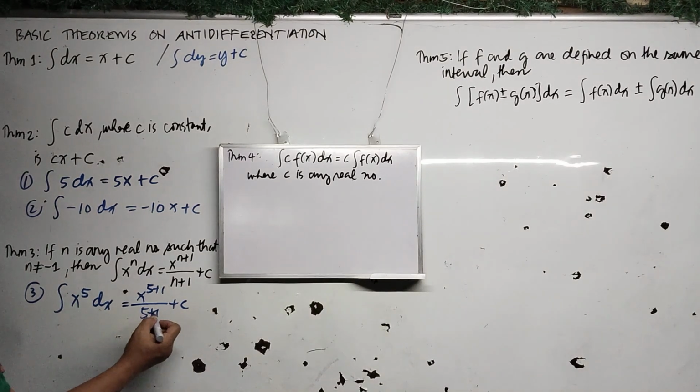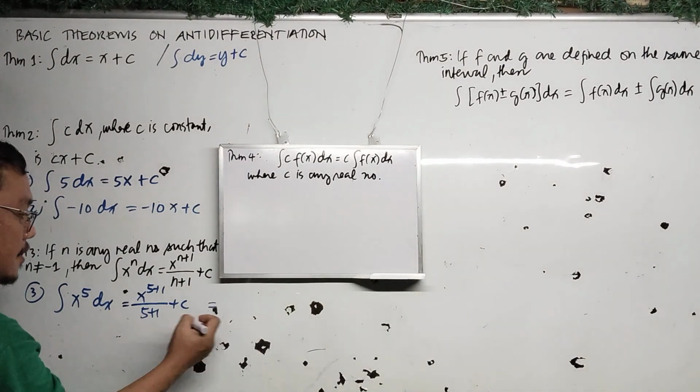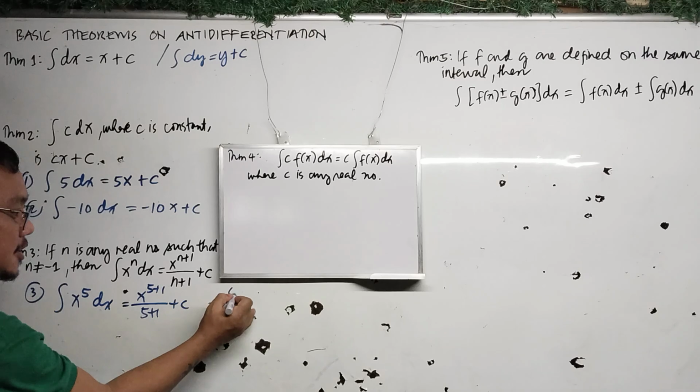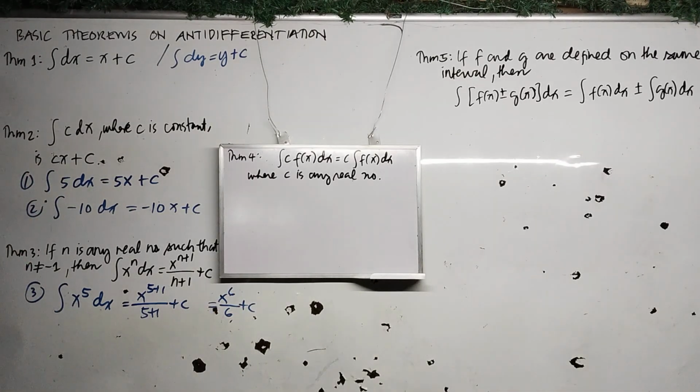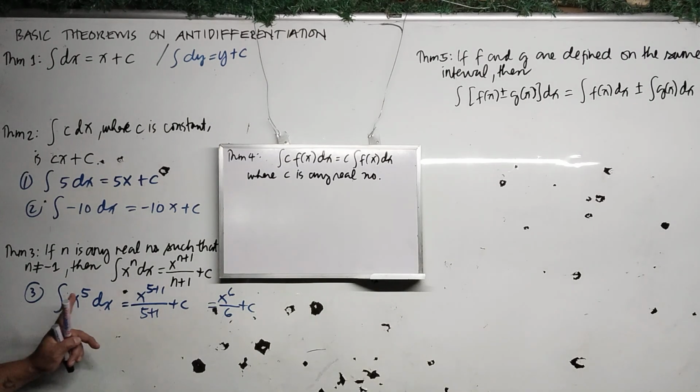Then simplify further, you have x to the 6 over 6 plus c. That simple. Take note, class, once we integrate, the integral symbol is gone.